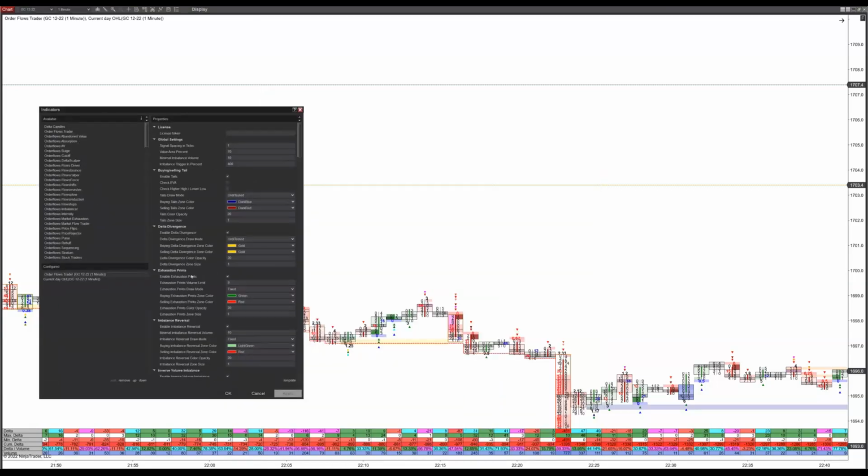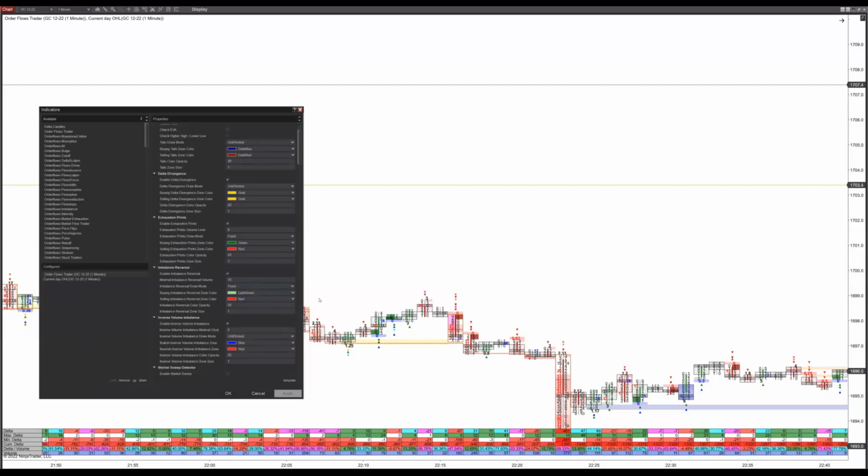Then just sort of go through exhaustion prints. Exhaustion prints have been around since the first version of Orderflow Trader, and what it does is it draws the box around the exhaustion print in the bar, at the top offer of the red candle, the bottom bid of a green candle. Imbalance reversal is a little bit different here. In the previous versions, we used to draw an up or down arrow.